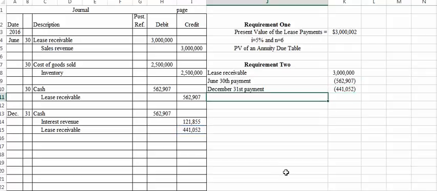Now, if we tally that up, we get lease receivable, December 31, 2016.